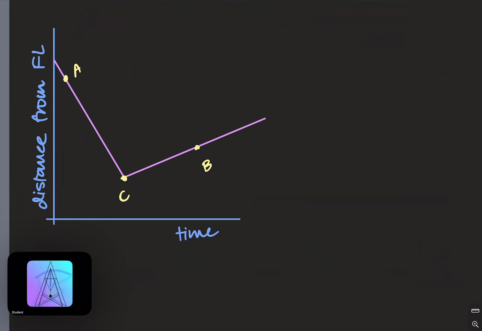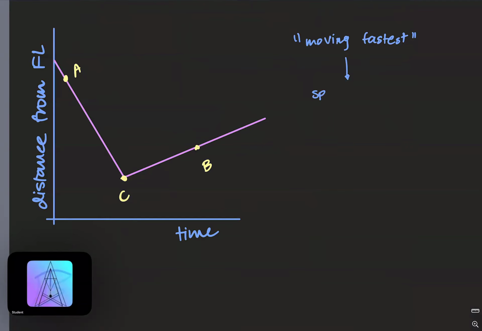You have these 3 points, and you have to tell me if the car is going faster at A, at B, or at C. Where on this graph is the car moving the fastest? Now, when I use the words moving fastest, what does that mean?